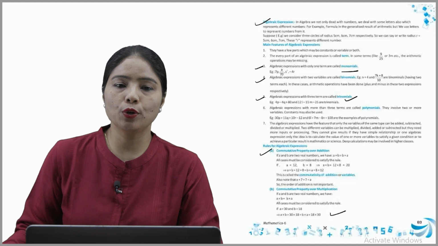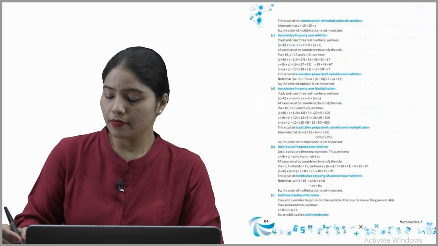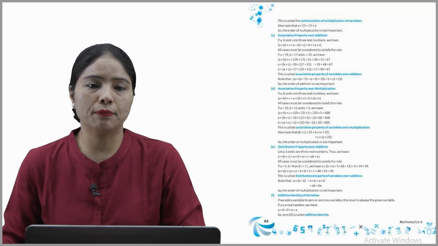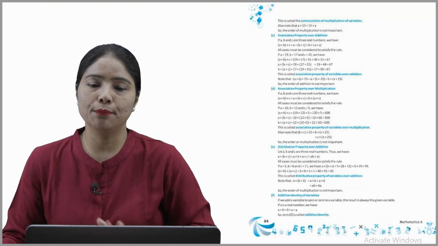Hope you understood well. So this is called the commutative property of multiplication of variables. Also note that a into 15 is the same as 15 into a. So the order of multiplication is not important.